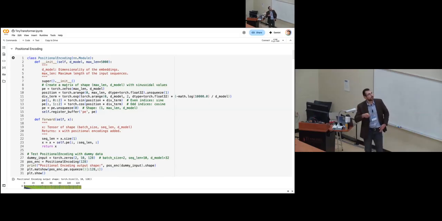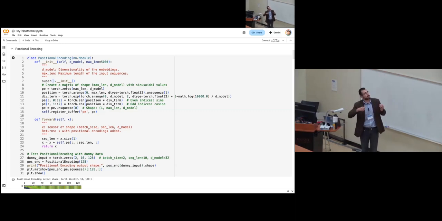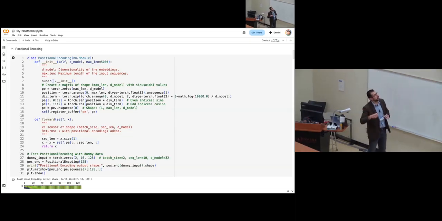And then I say what is the maximum length that I would like to be able to encode. That maximum length is the 16 number that we had in our budget, how many words you want to encode. And here I set the default to be 5,000. It can be anything else, depending on the application that you have.